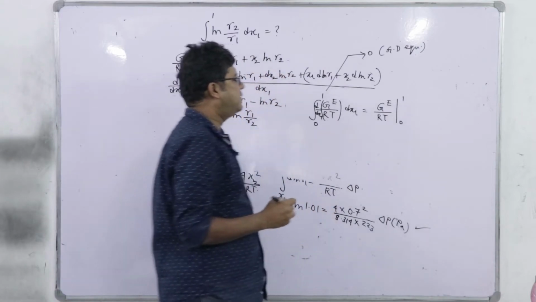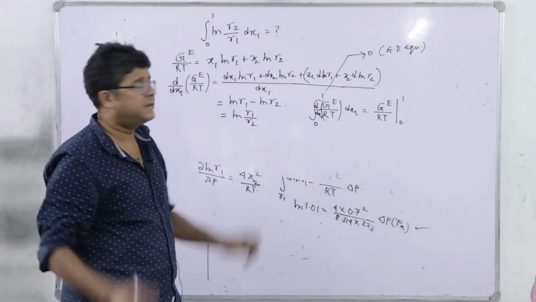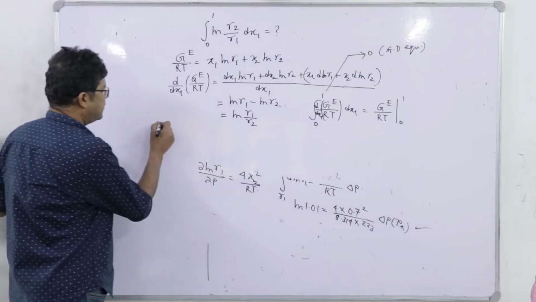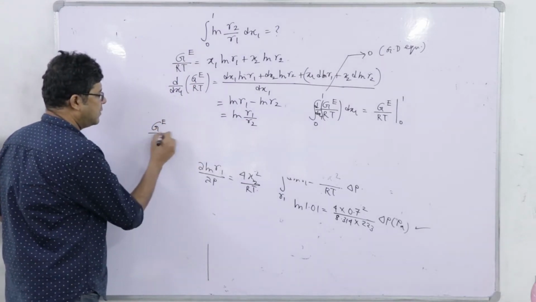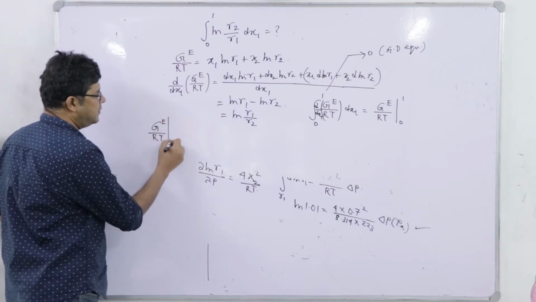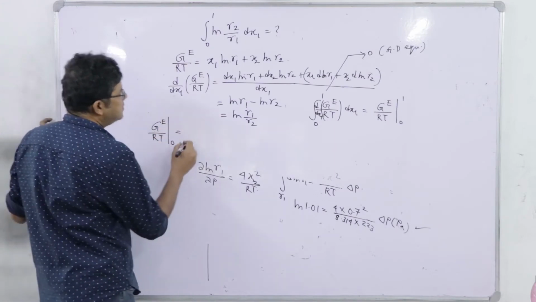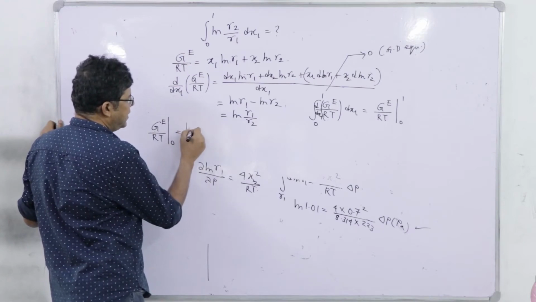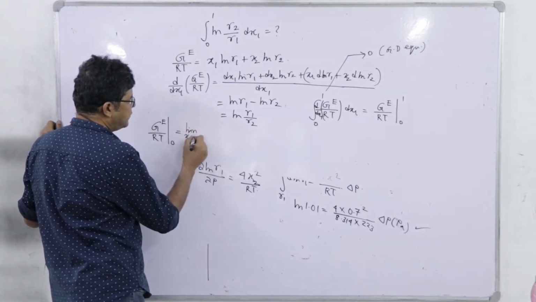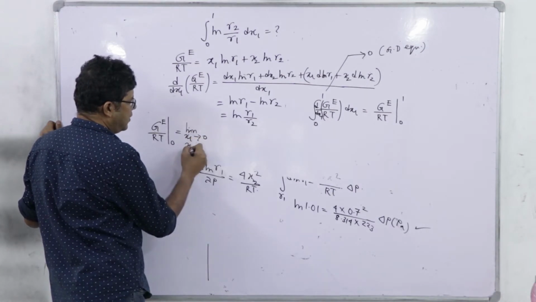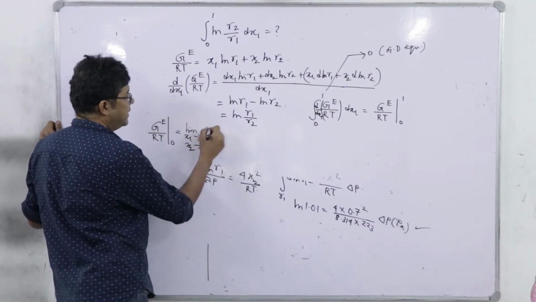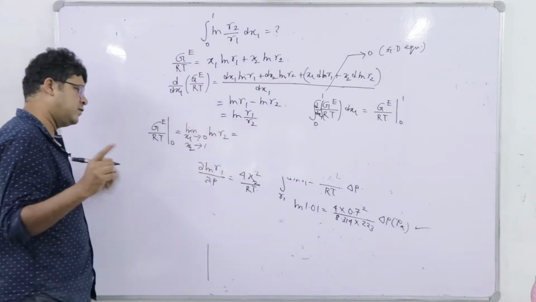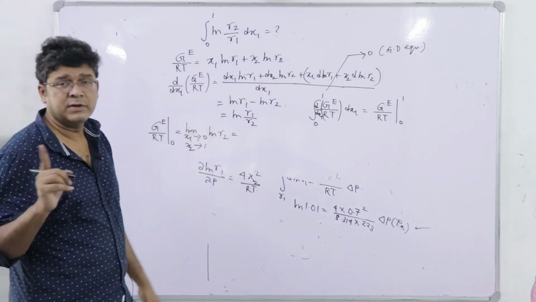So you see that G by RT at the two marginal limits of this mole fraction vanishes. Why? Because this we have also discussed in the thermodynamics lecture. So G by RT at 0 is the limit x1 tending to 0 or x2 tending to 1 of ln of gamma 2, and gamma 2 tends to 1 when x2 tends to 1.